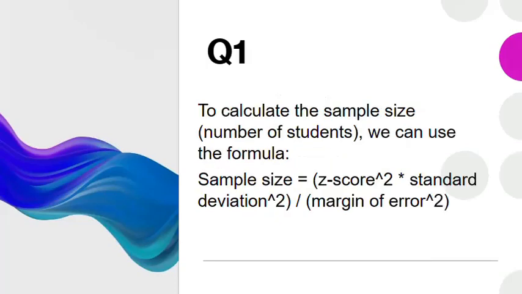Then, in order to calculate the sample size, which in this question is the number of students, we can use the formula: sample size equals z-score squared times standard deviation squared divided by margin of error squared.